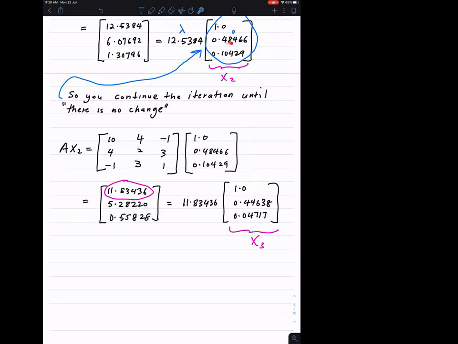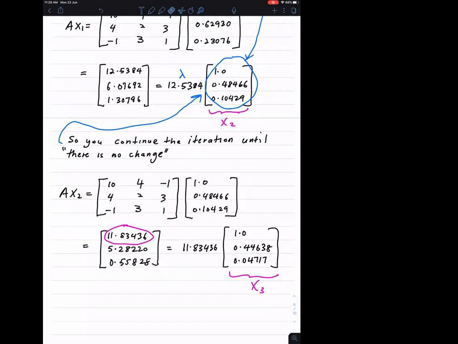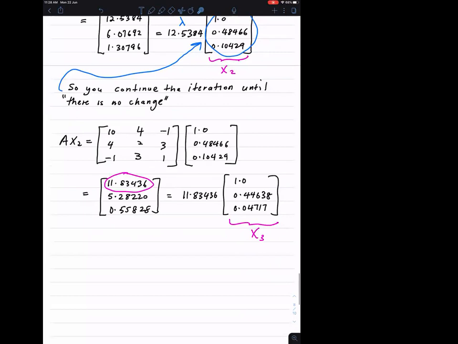The second row is getting closer, but not the same. The third one is quite far away. So you have to continue until they don't change.